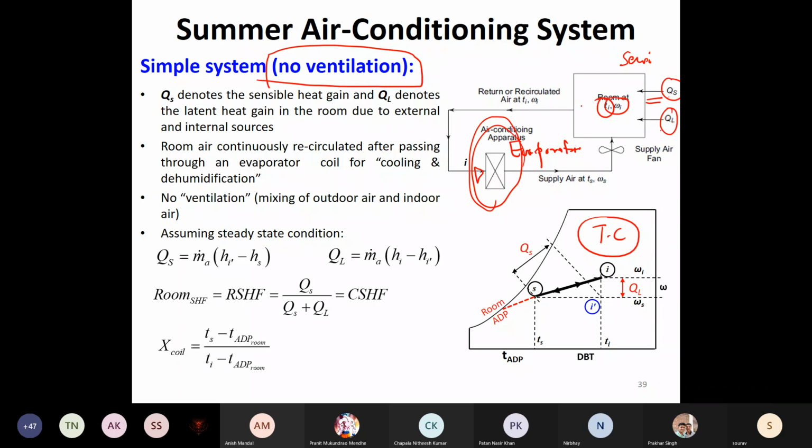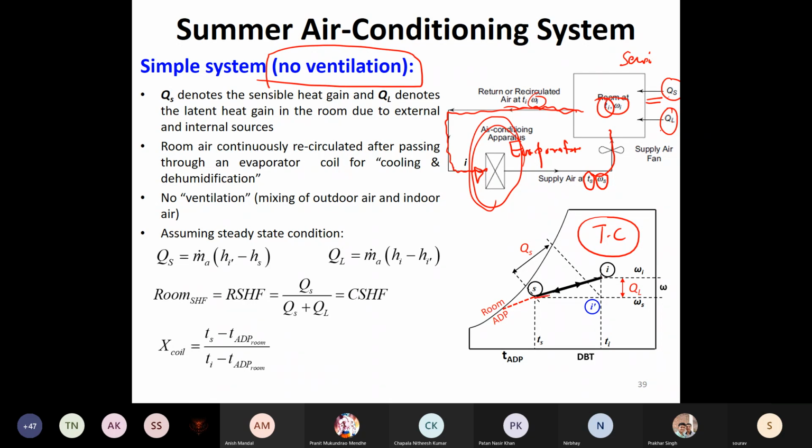Now this air goes into your air conditioning apparatus, cools down to a condition denoted by Ts and omega S or Ws, comes back into the room and gets mixed, and then again leaves at T indoor and W indoor. So this is the process that the air follows, as simple as that.